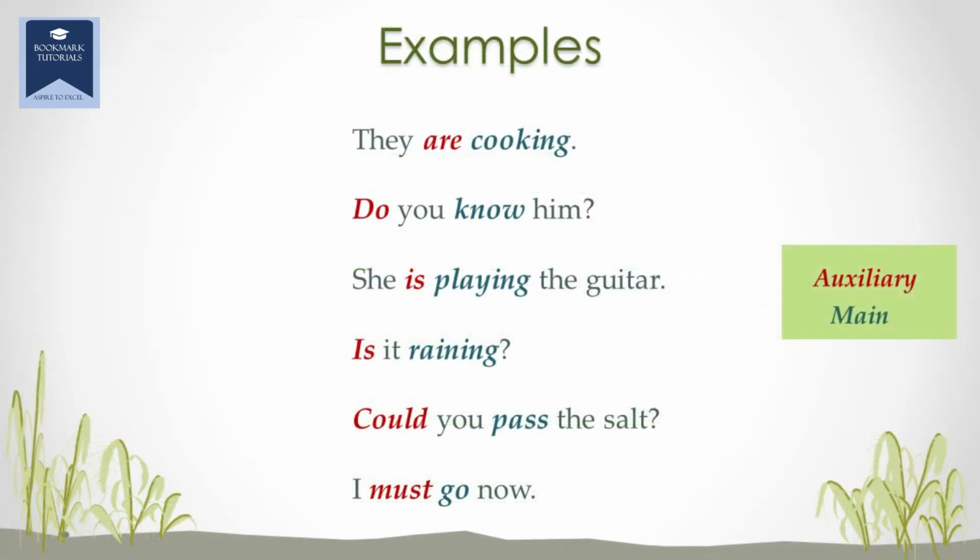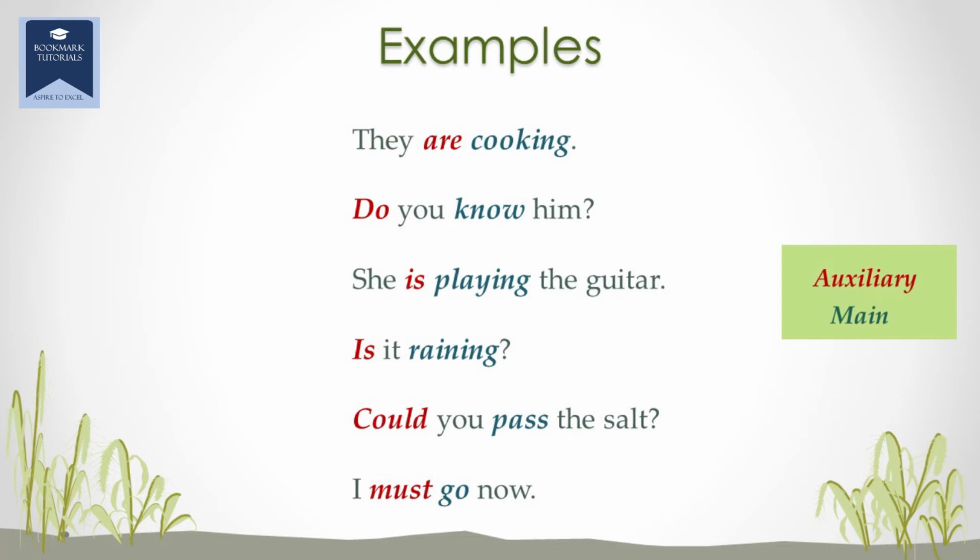Let's look at some examples of auxiliary and main verbs. They are cooking. Here we can see that the main verb is cooking and are is the supporting helping verb here. Similarly, in do you know him, do is the auxiliary verb and know is the main verb.